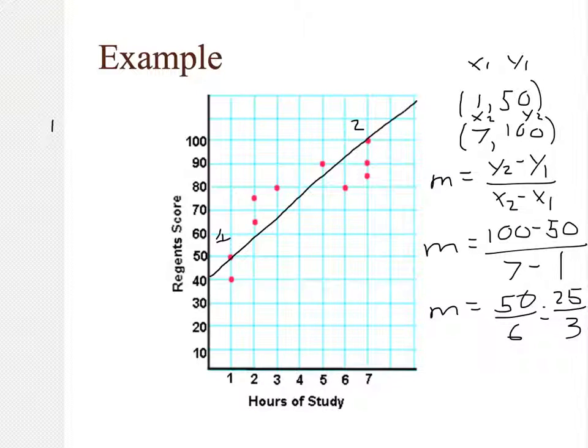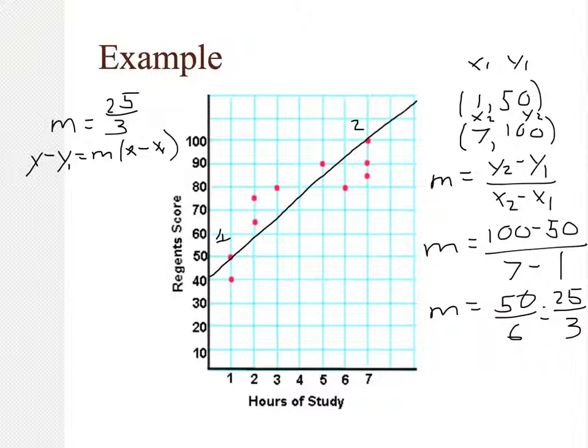So our slope is 25 over 3. So now we have our slope and a point, and we can put the equation of this line into point-slope form. Remembering point-slope form is y minus y1 is equal to m times x minus x1.